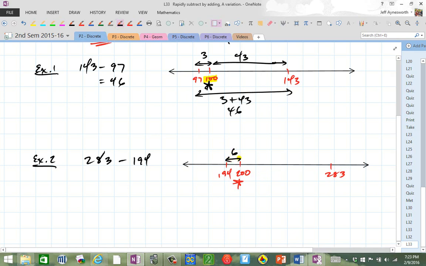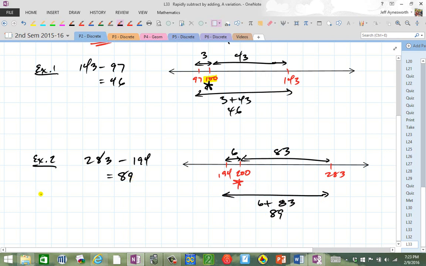Hopefully you see that's 6. 194 plus 6 is 200. And the distance from 200 to 283 is obviously 83. So if you can visualize these two distances, then the distance between the two, which is called the difference here, is 6 plus 83, which is obviously 89. And there's your difference.